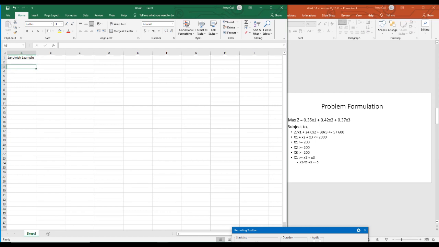We have 3 sandwiches, so products: ham, bologna, chicken. We're trying to maximize profit of 0.35, 0.42, 0.37.